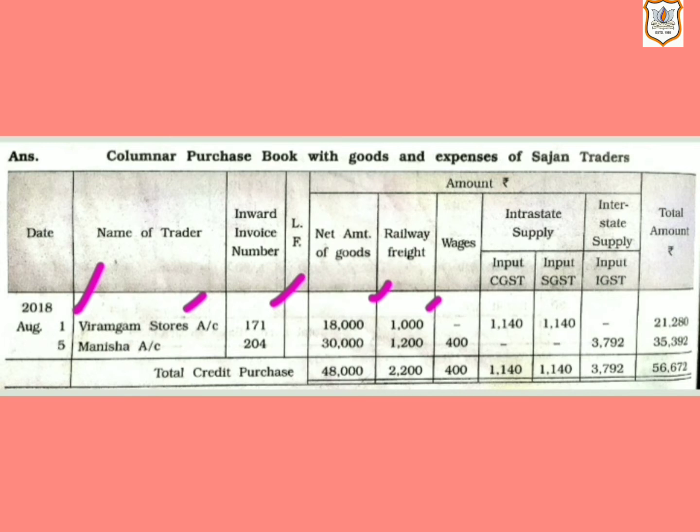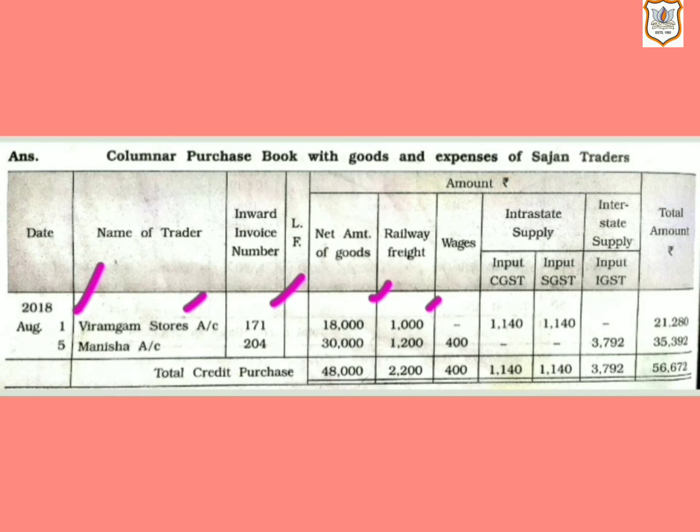As this is the case of intra-state supply, so here input CGST and input SGST both are applicable. That means out of 12%, 6% will go to central government and remaining 6% will go to state government. So here 6% will be calculated on 19,000.